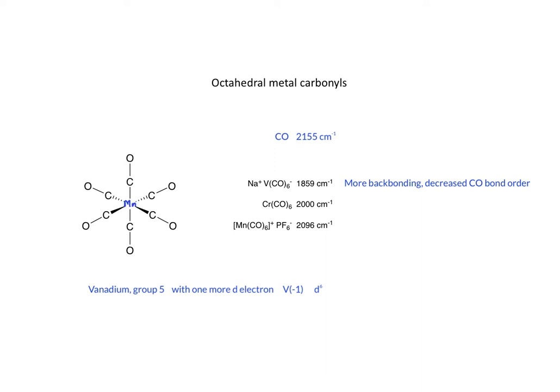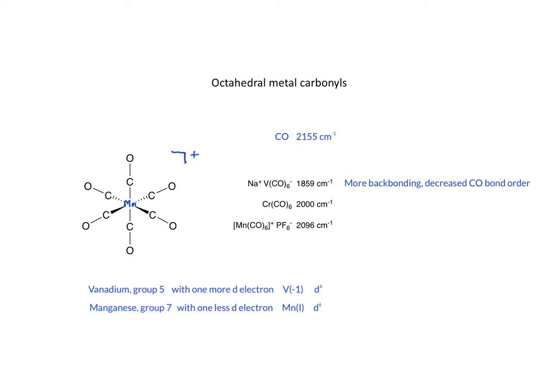For manganese, which is in group 7, if we remove an electron so that manganese is in the +1 oxidation state, manganese hexacarbonyl has a positive charge.